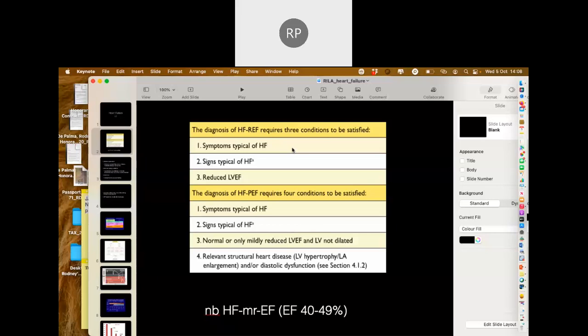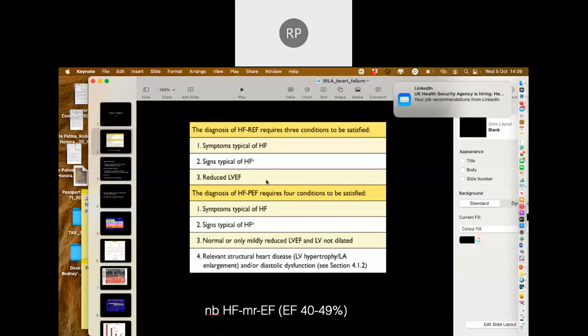Signs typical of heart failure include resting sinus tachycardia, a raised jugular venous pressure, a third or a fourth or a third and a fourth heart sound, crackles in the chest, and pitting edema in the lower limbs.